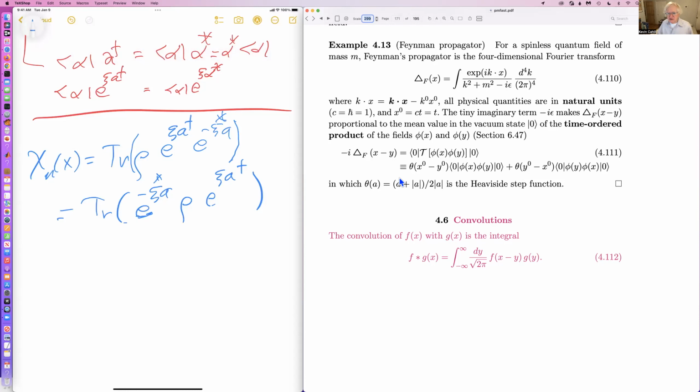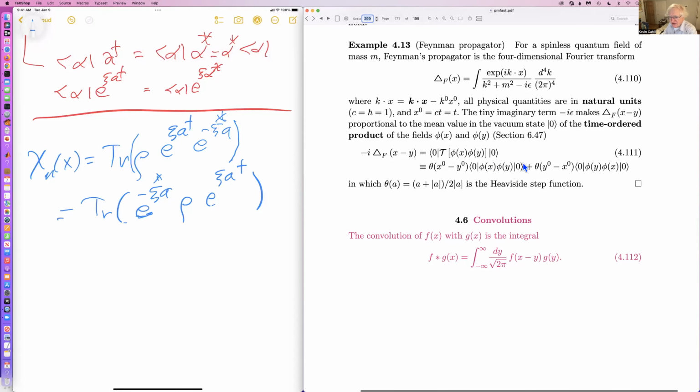And it turns out, as we'll see in chapter 6, that this Feynman propagator can be written as the average value in the vacuum of the product of the fields when they're written in time order, and the product of the fields in anti-time order, added together.